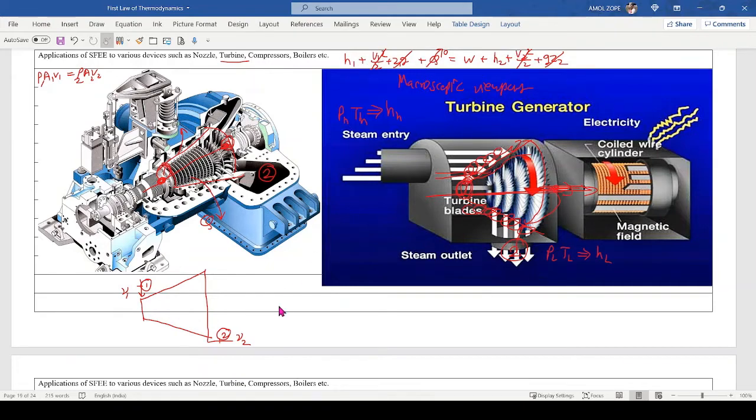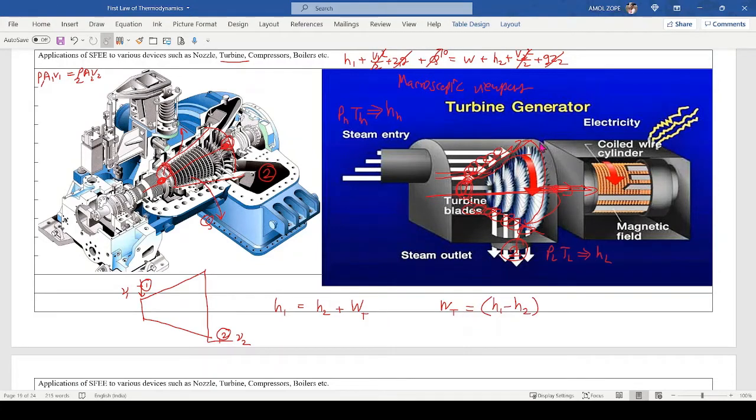So what I finally get is H1 is equal to H2 plus W. So the work of a turbine will be equal to H1 minus H2.